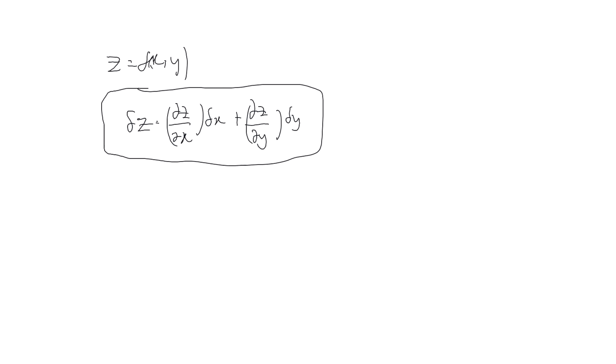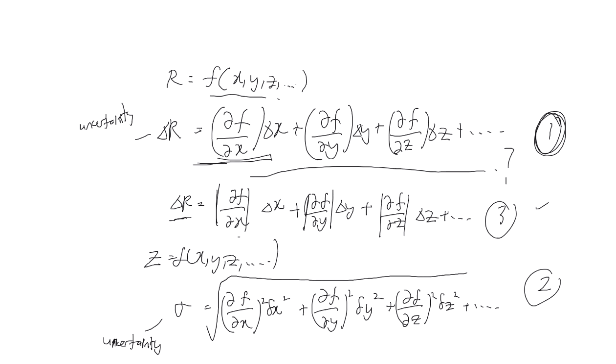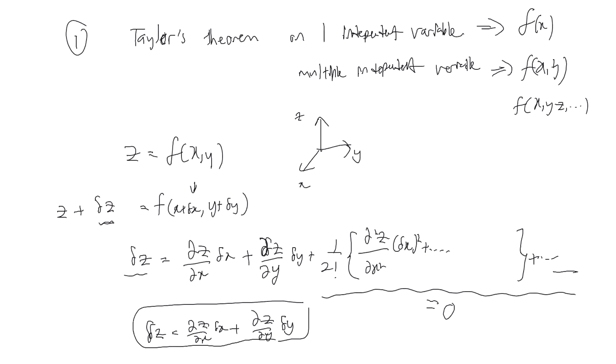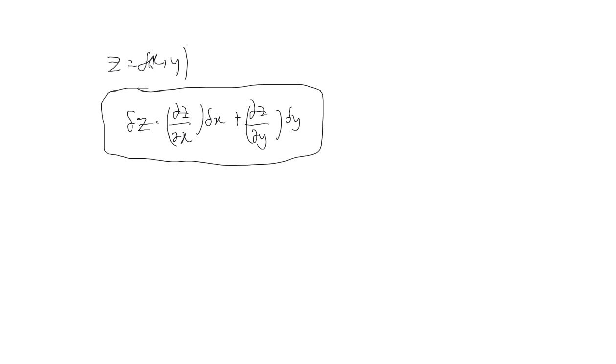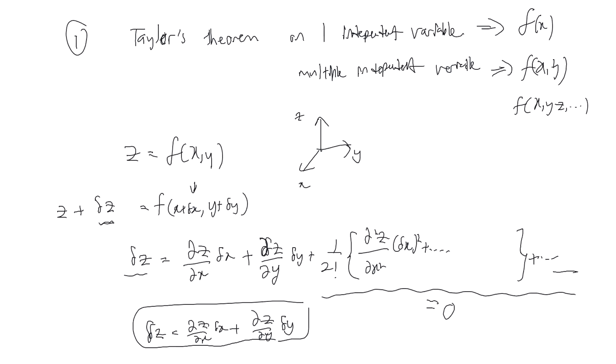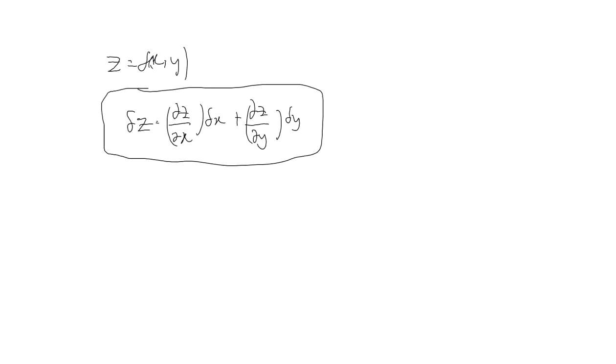Okay, and then what about approach number 2? The simplest way to say this is by squaring what you get from number 4, and this is number 5.